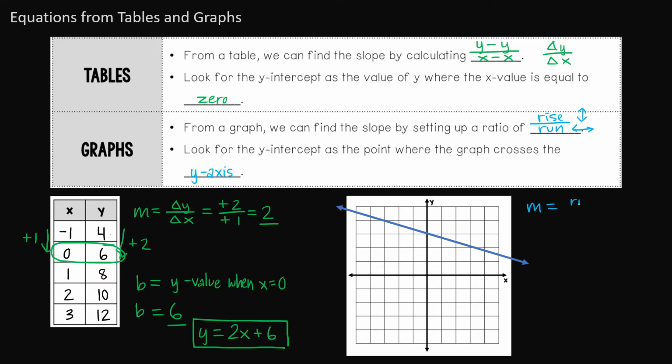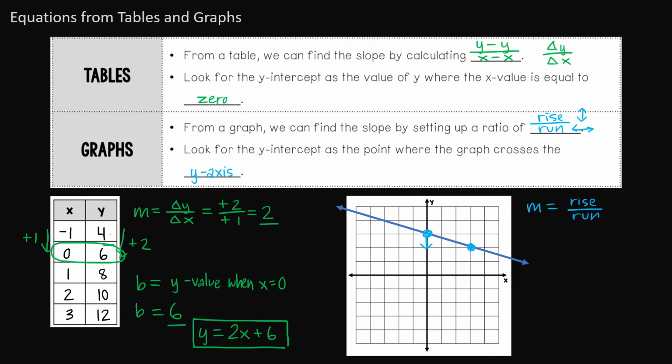So for slope, remember we're looking at rise over run between any 2 points on the graph. So I'm going to choose 2 points. Here's one, here's another. 2 points that are on the line. So I'm going to find the rise over run. My rise between these points, I'm going to move down 1.